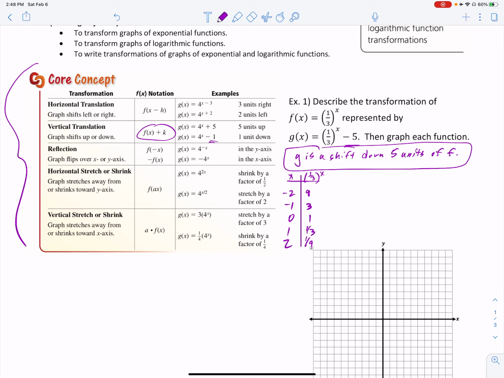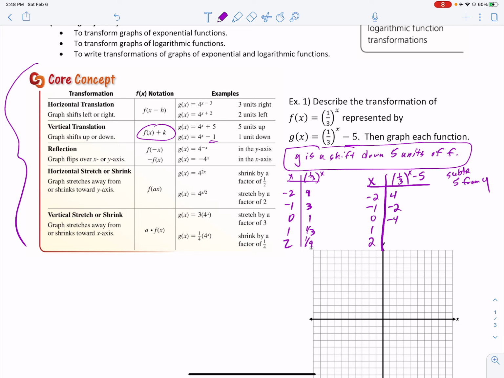And so then when I do the function g, if it goes down, I need to just subtract 5 from all the y values. So my x values are not going to change. And then 9 subtract 5 is 4. 3 subtract 5 is -2. 1 subtract 5 is -4.